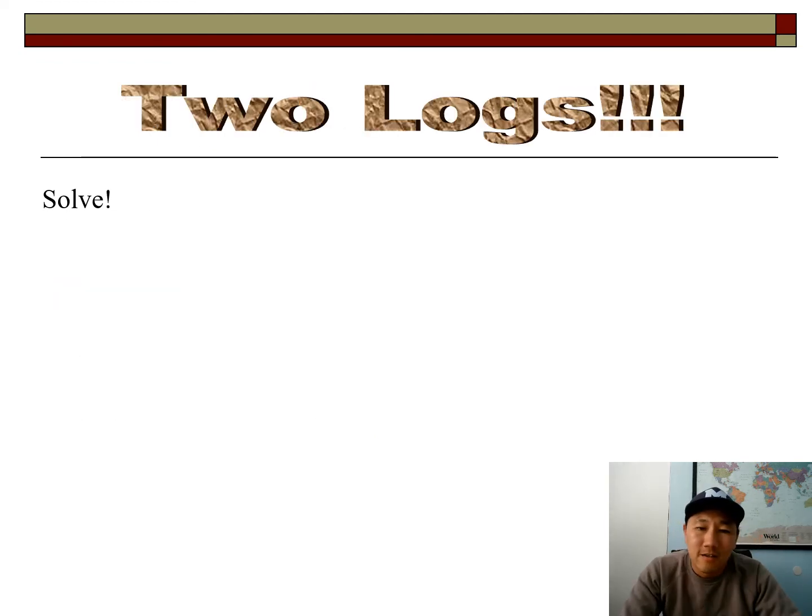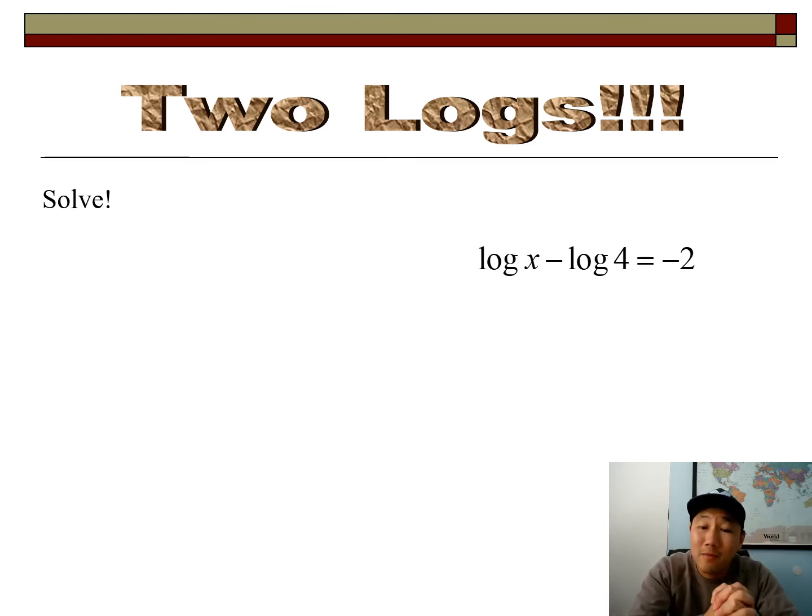It has 2 logs in it. All right, so what do we do when there's 2 logs on one side? Make them into 1. We learned this earlier in the chapter. To combine 2 logs into 1, when there's a minus sign in between them, it turns into division. x divided by 4.